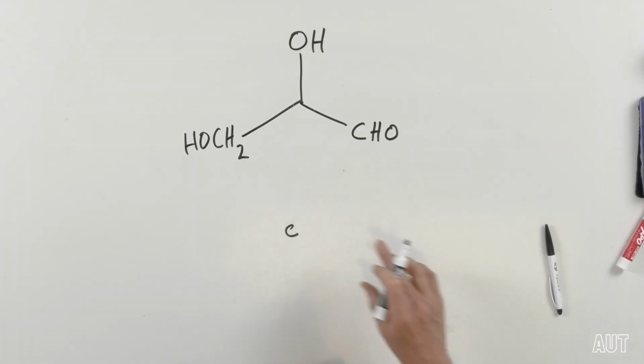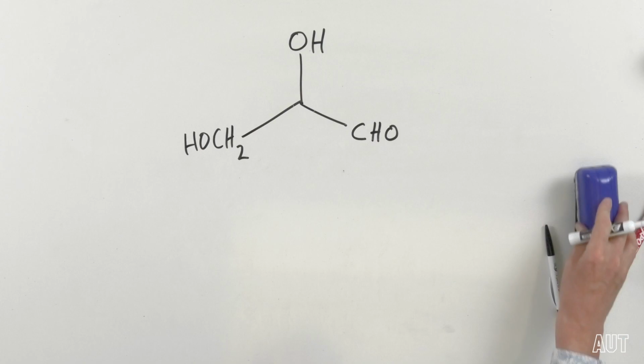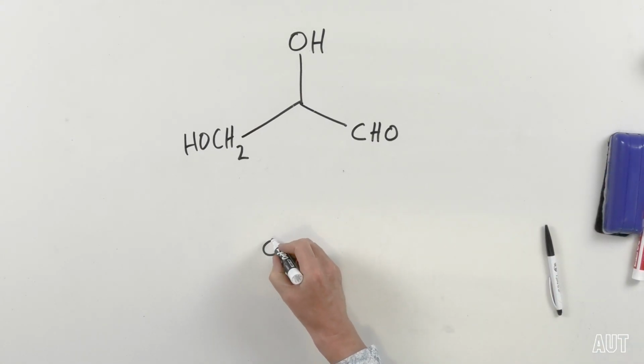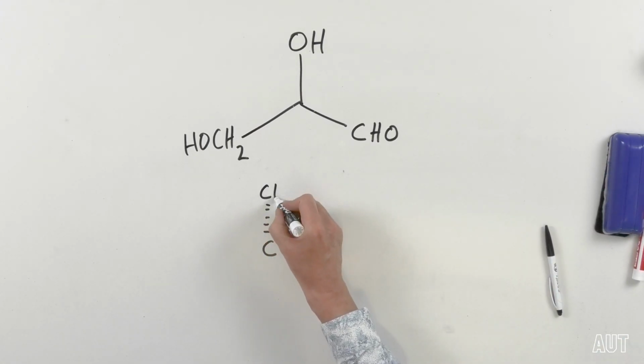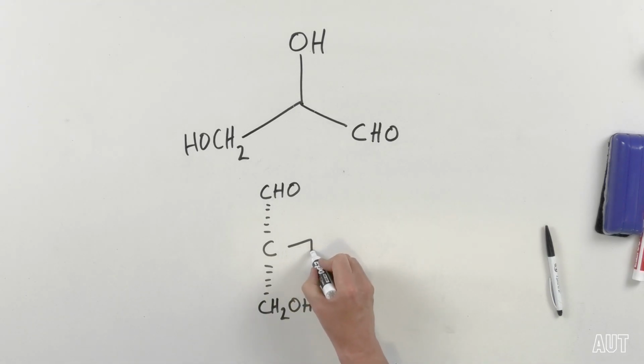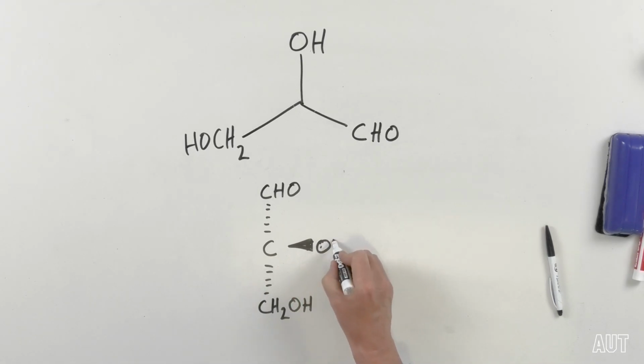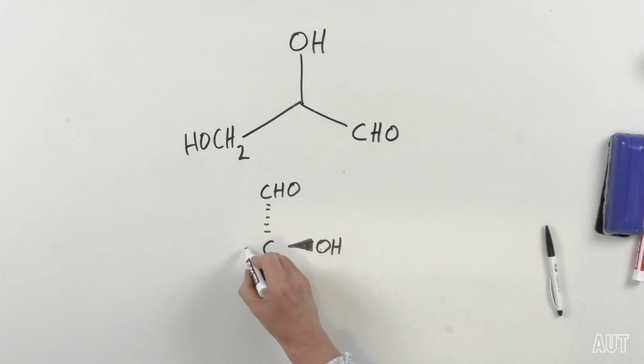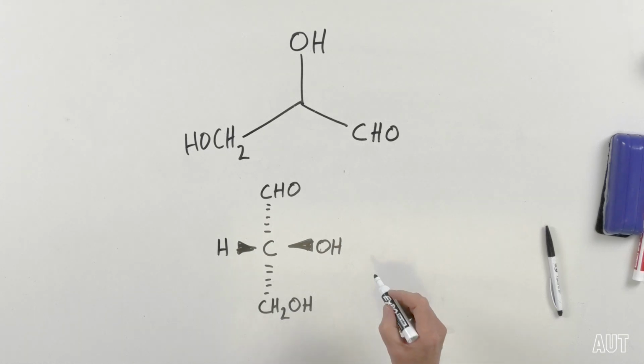So what? Why is this particular molecule special? Well, let's draw the 2 possible enantiomers of this particular molecule now, and we're going to draw them for no apparent obvious reason like this. So we're going to have CHO there, we're going to have CH2OH there, we're going to have OH out here, and we're going to have H like so, okay?